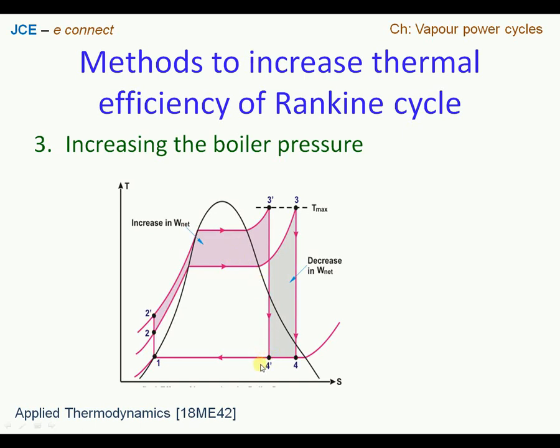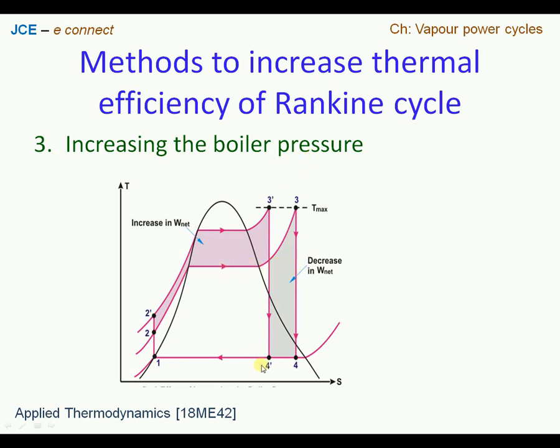However, the point to consider here is that process point 4 got shifted to 4 dash. That means the quality is decreasing, which is not a good observation. So this is one of the disadvantages associated with increasing the boiler pressure, as the curve is shifting towards the left side.